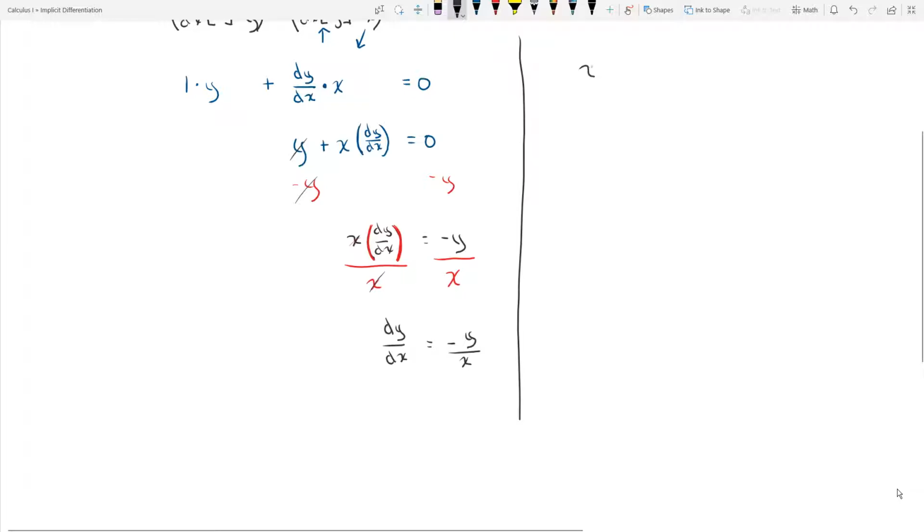So we had xy equals 1. We would simply isolate for y, which means that we would divide by x on both sides, and we would have y is equal to 1 over x. And you might see that there is a difference here for the derivative.